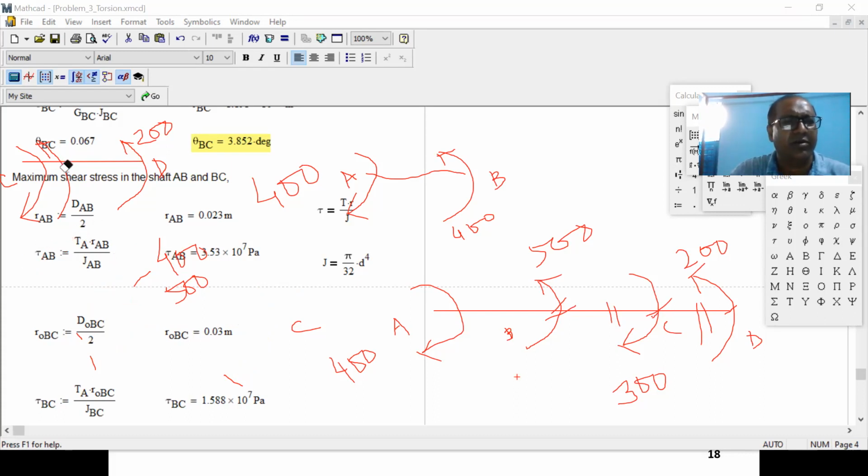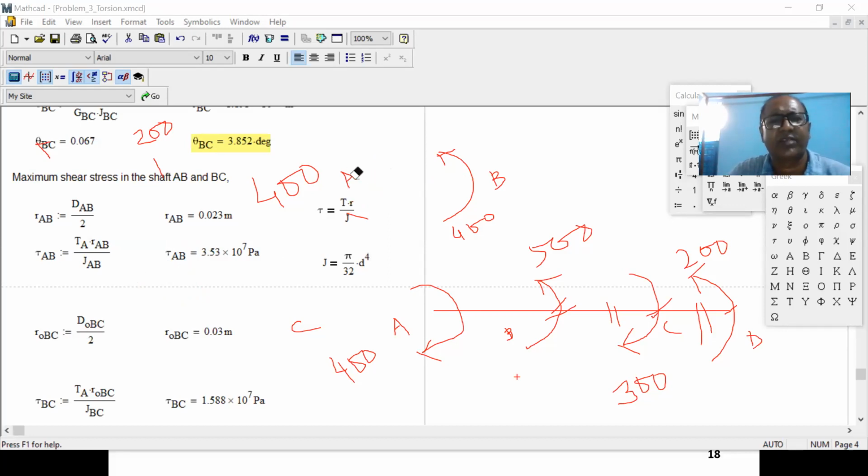If you draw a torque diagram, then it is easier, like a bending moment diagram. How can we figure it out? You should start with the left side of the shaft. This type of problem should be in the exam.